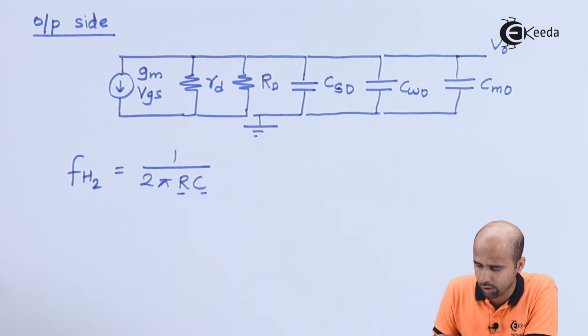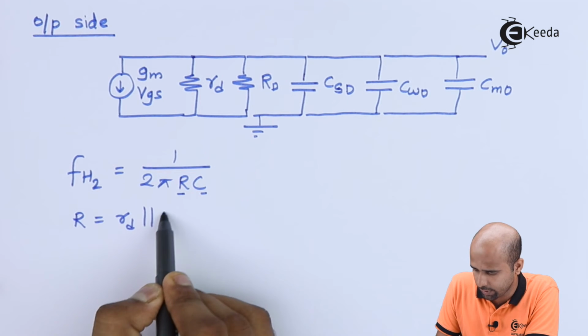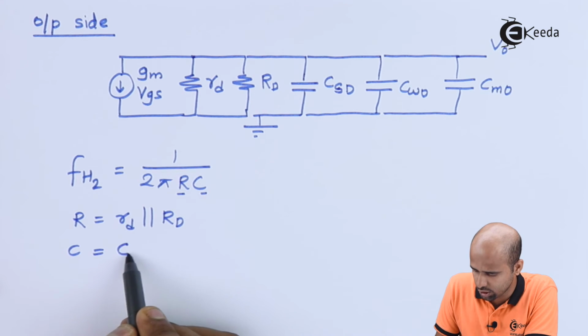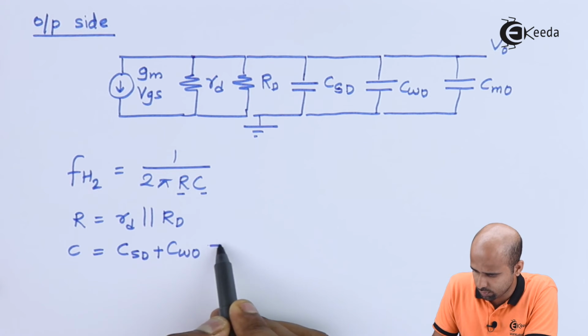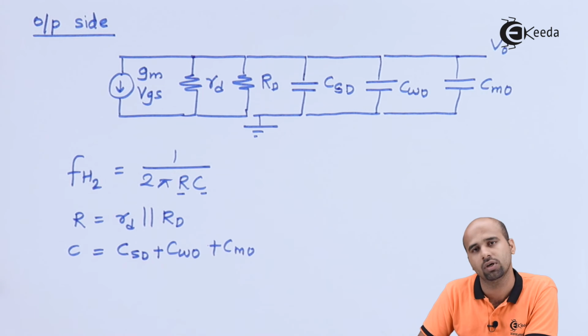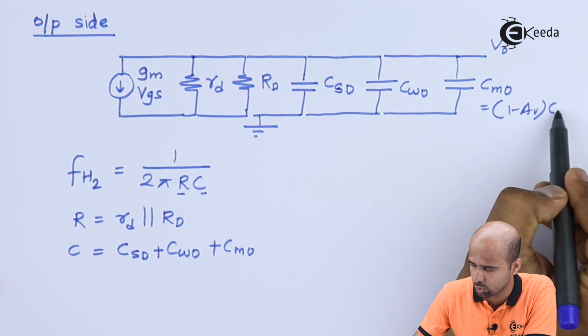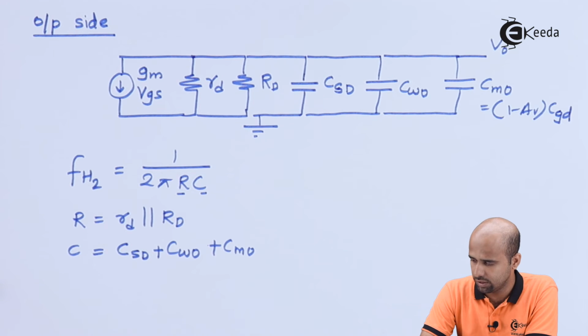We have to determine the value of R and C. R is nothing but small rd in parallel with capital RD, and C is the addition of CSD plus CWO plus CMO, where the value of CMO is equal to 1 minus AV into CGD. So this is how we have learned so far about the input and output side of high frequency analysis.